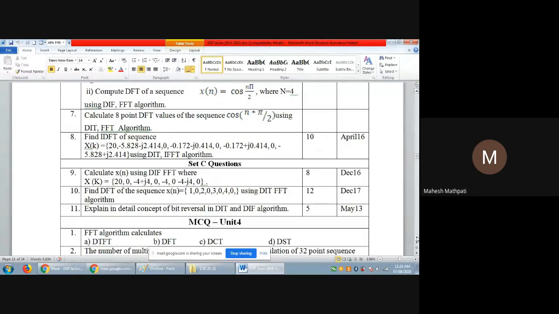What about question 8? I think it is the same kind of question as the one above. The next, question 9, is: calculate x of n using DIF FFT, where x of k is given as 20, 0, minus 4 plus j4, 0, minus 4, 0, minus 4 minus j4, and 0.